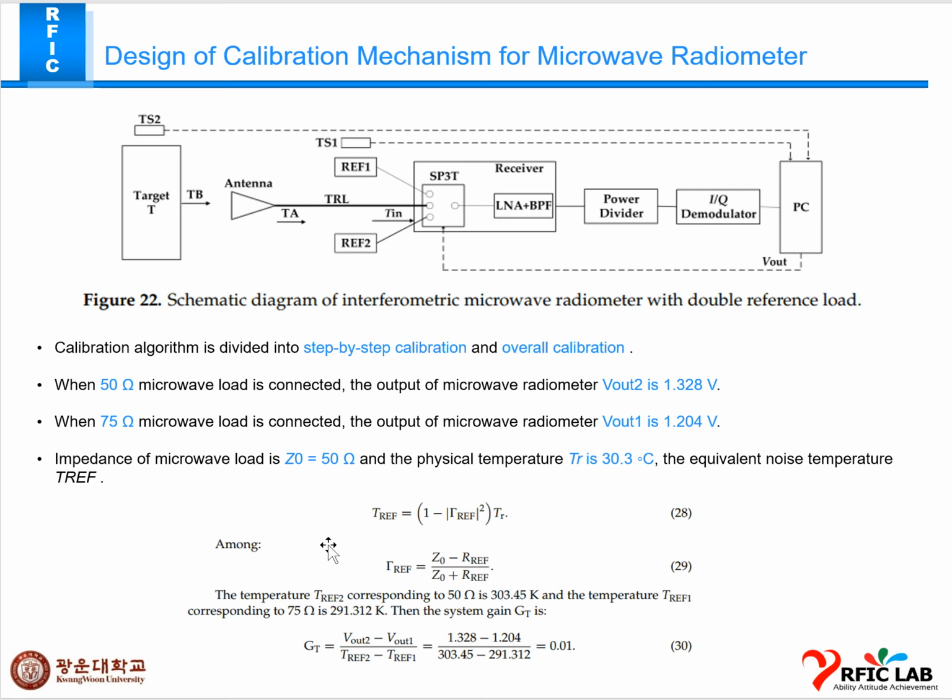This is the block diagram of the microwave radiometer with double reference load, and this algorithm is divided into step by step calibration and overall calibration. When the current is 50, the output of the microwave radiometer is 1.382 volt. When the current is 75, the output will be 1.24 volt.